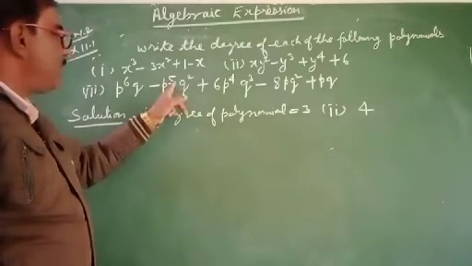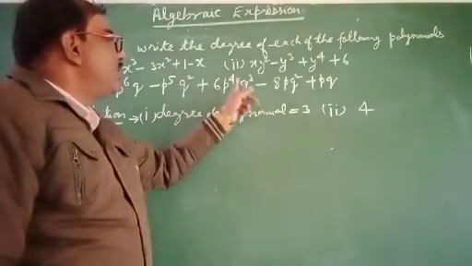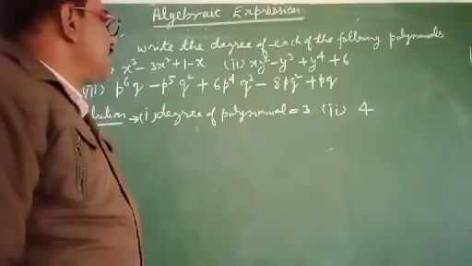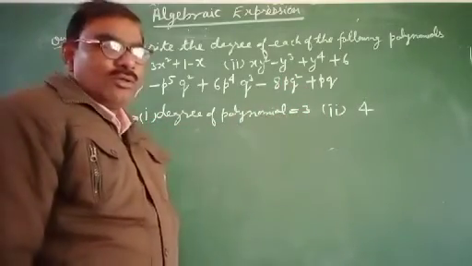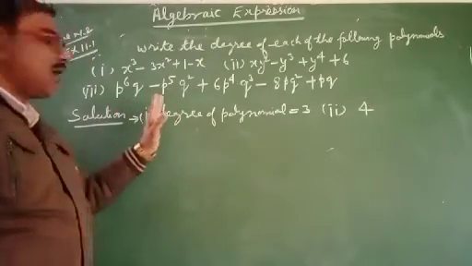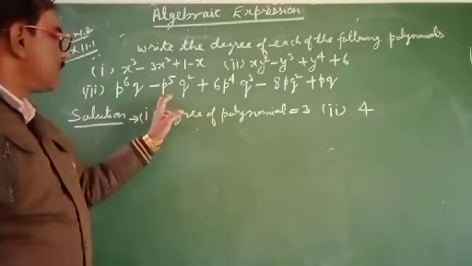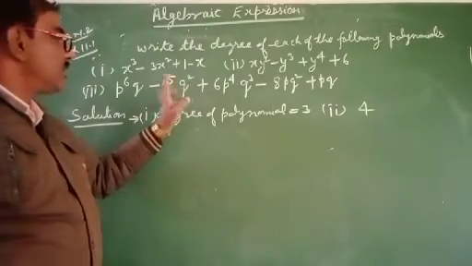So dear students, as you see here, the highest sum of powers of the two variables is 7.